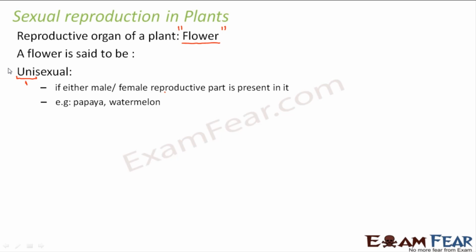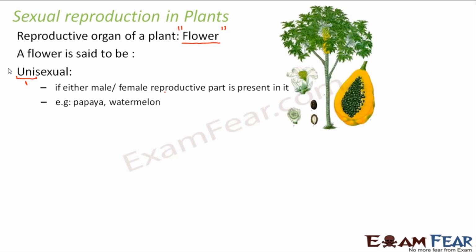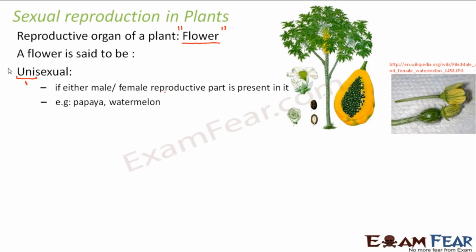Some examples of unisexual flowers are papaya and watermelon. These are names of fruits which we eat, right? If you look at a papaya plant, the fruit is the result of that plant, but before the fruit, you get flowers like this.